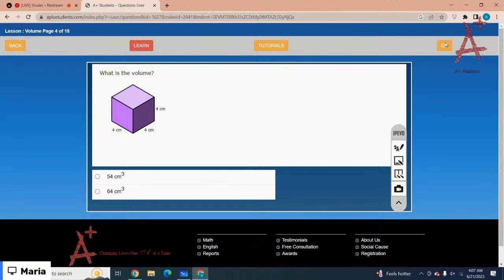So you have to do 4 times 4 times 4. So which is the correct option? 4 times 4 is 16 and 16 times 4 is 64. So that would be 64 cubic centimeters.